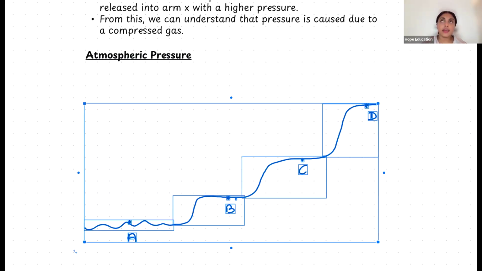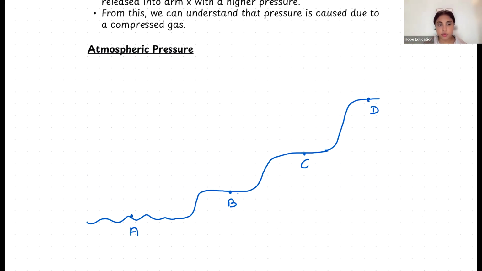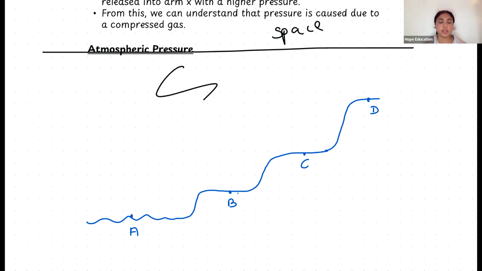The atmosphere is not indefinite. Out of the atmosphere there is just space. The atmosphere goes up to this level, and above this is space. So this is all the atmosphere, right?